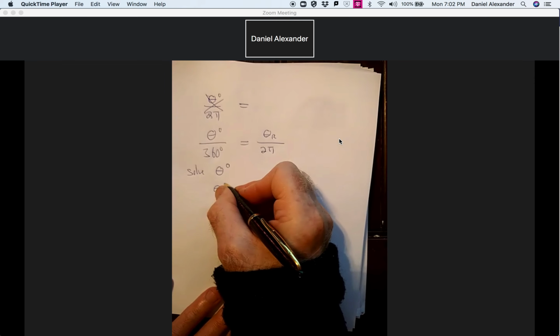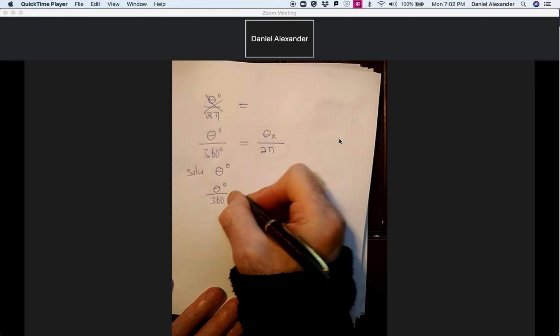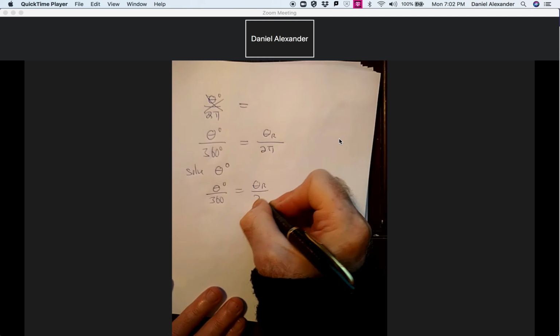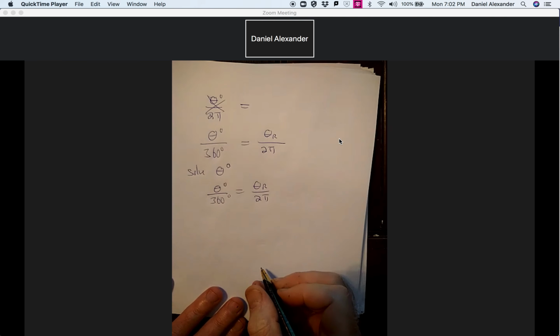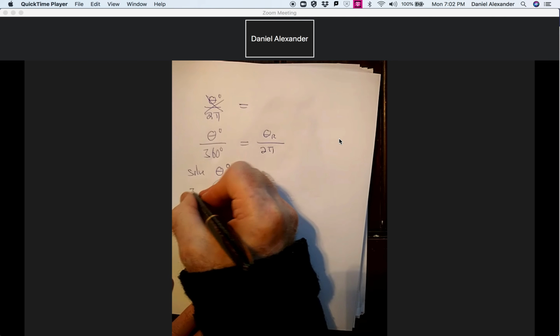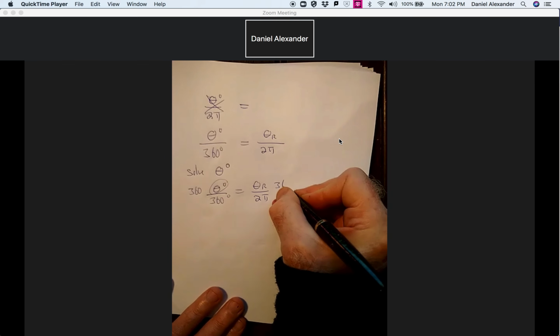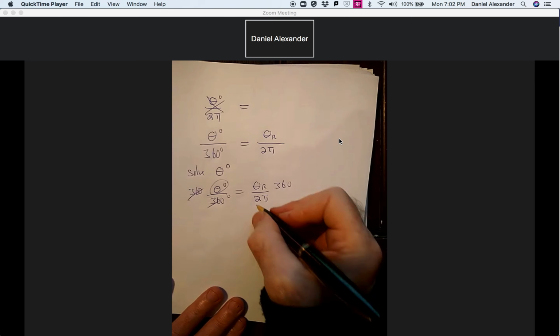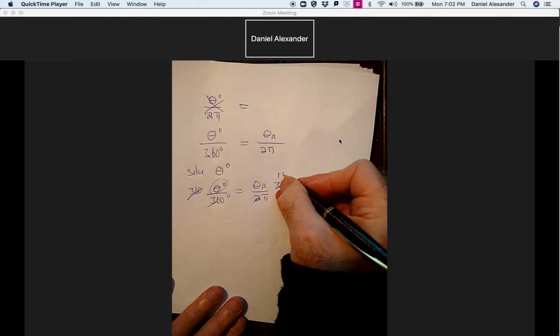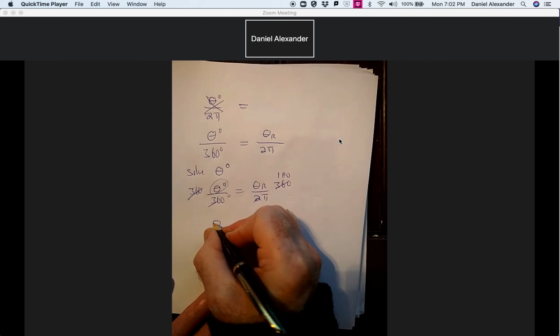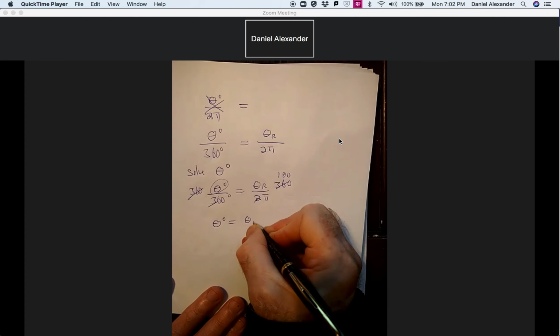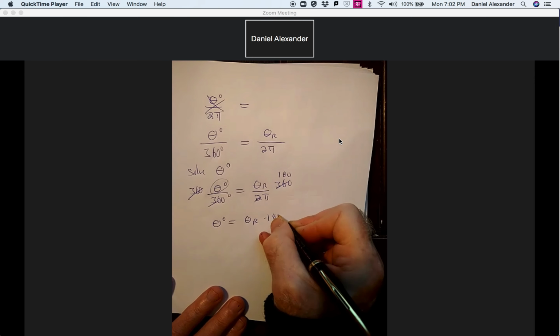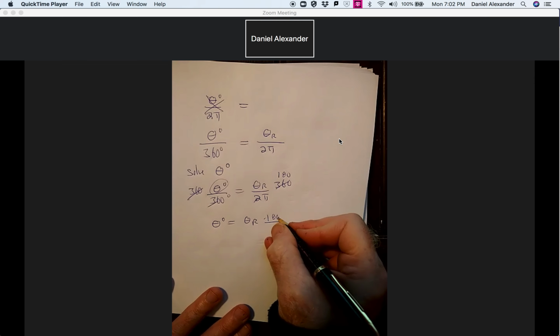I need to solve for this, so I multiply both sides times 360. That cancels, and that's going to be times 180. So I get theta degrees equals theta radians times 180 over pi.